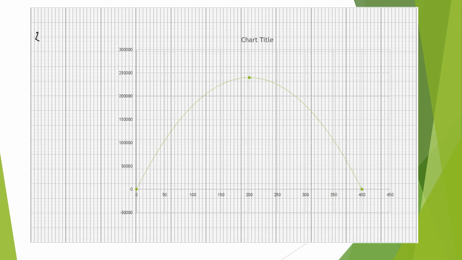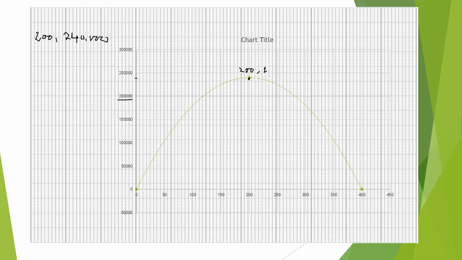Here we have 200 on the x-axis, and here 240,000. This is the vertex of this parabola. Here is 200,000, and here is 250.